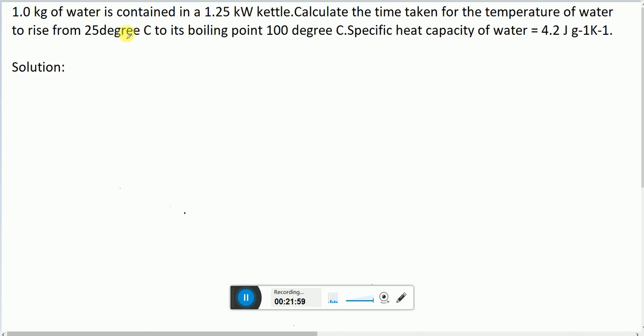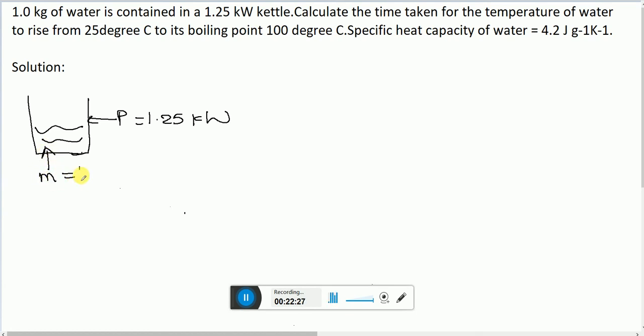1 kg of water is contained in a kettle of 1.25 kilowatt. So let's assume this is a kettle and its power they have given as 1.25 kilowatts, and the liquid which is inside this is having a mass of 1 kg.